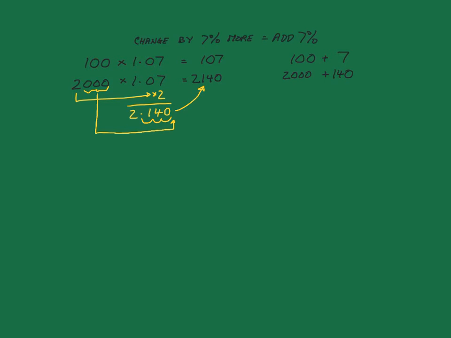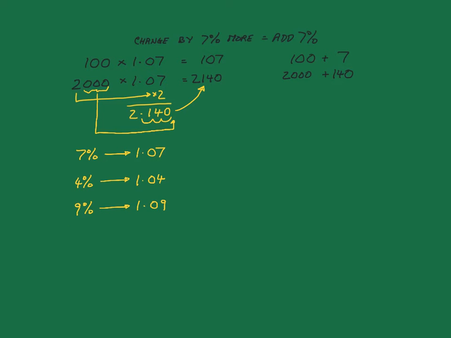So the key thing here is that if 7% produces a multiplier of 1.07, what do you think 4% does? What multiplier would be used? 1.04. What about 9%? That would produce 1.09.